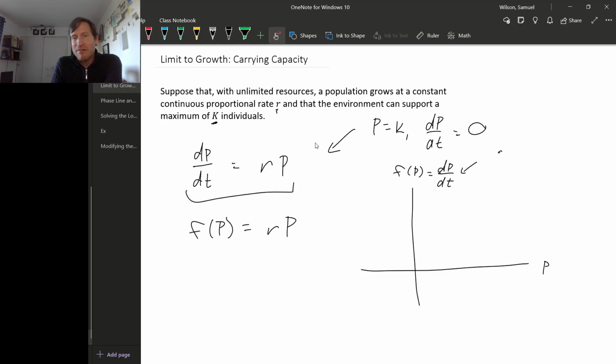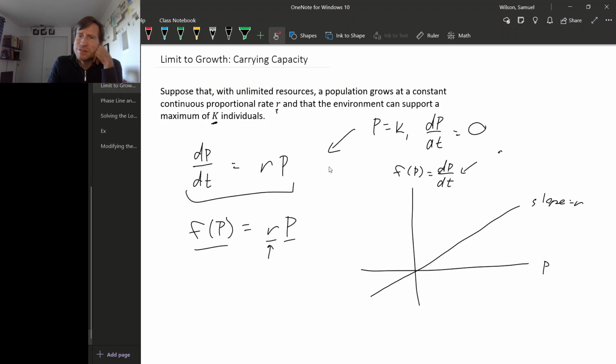So the way that we have this differential equation written right now, our function is just a constant times p. On this graph, this constant is going to look like a slope. So it's something like this. The slope here is r.